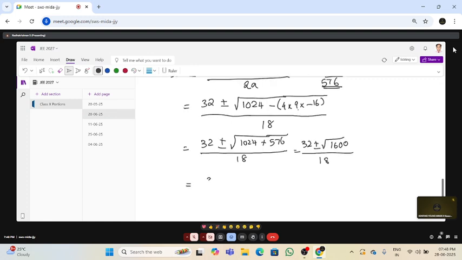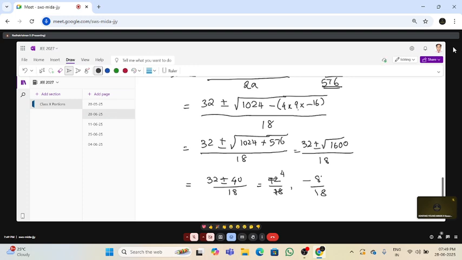32 plus or minus square root of 1600 is 40. 32 plus 40 is 72 by 18. Other is 32 minus 40, minus 8 by 18. The 72 by 18 is equal to 4.